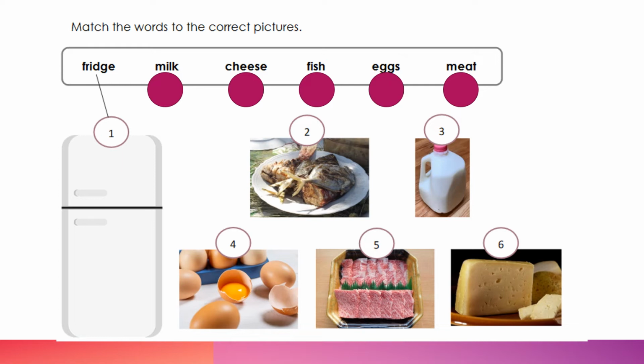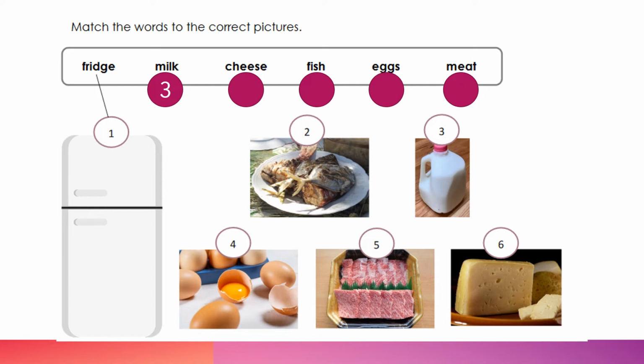Now we are going to match the words to the correct pictures. I have here 6 pictures. Number 1 is done for you. As you can see, picture 1 is a fridge. Milk. Which picture is milk? Milk is picture number 3.